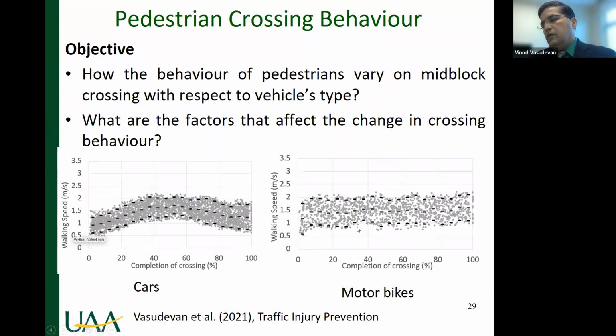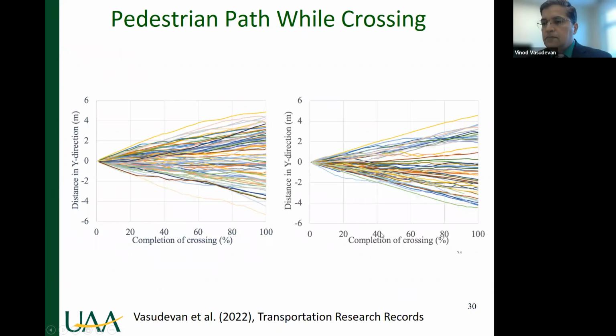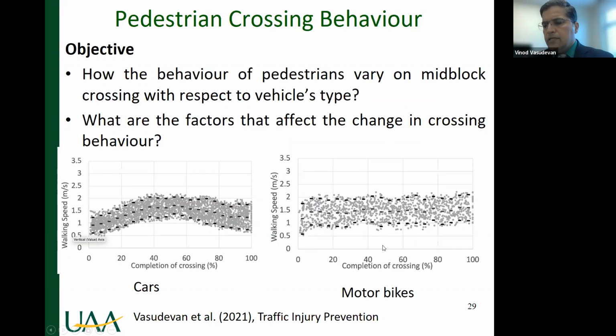Whereas when they cross in front of motorbikes, we tested it at various speeds, but their speed is more or less constant, which is interesting. This study was published in Traffic Injury Prevention.